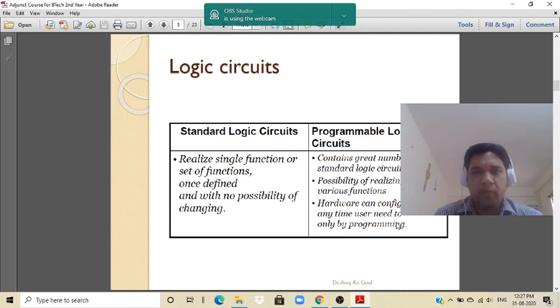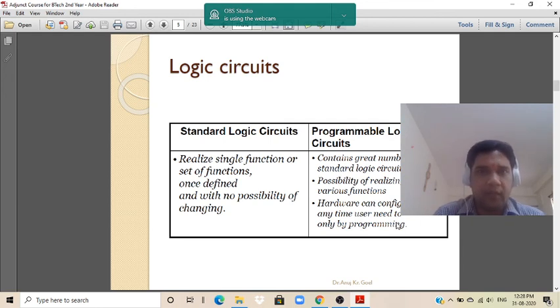While the programmable logic circuits contain a great number of standard logic circuits, a large number instead of only a single circuit, there is the possibility of realizing many various functions. Many functions can be implemented there because we have a number of standard logic circuits. Hardware can be configured at any time; the user only needs to program it.